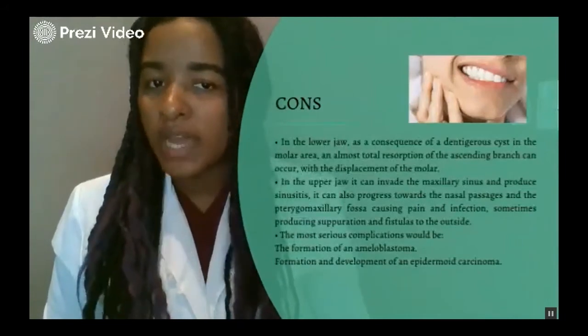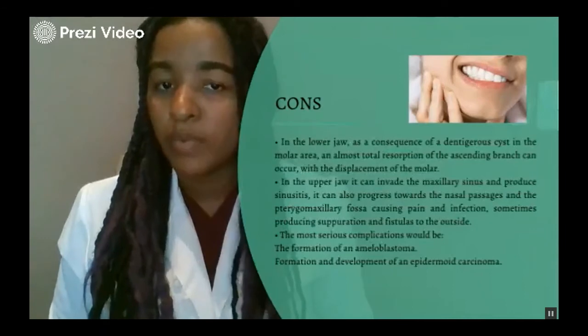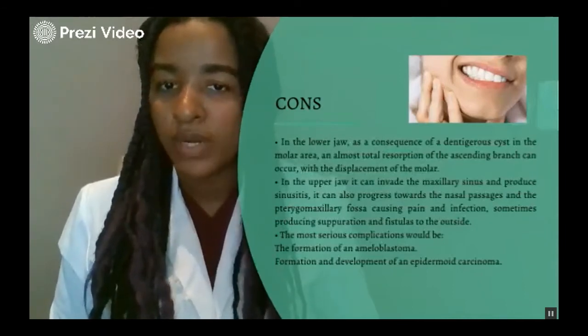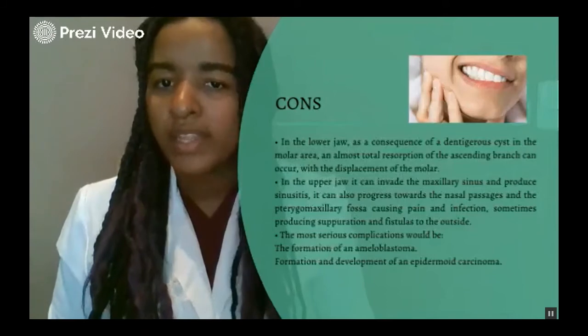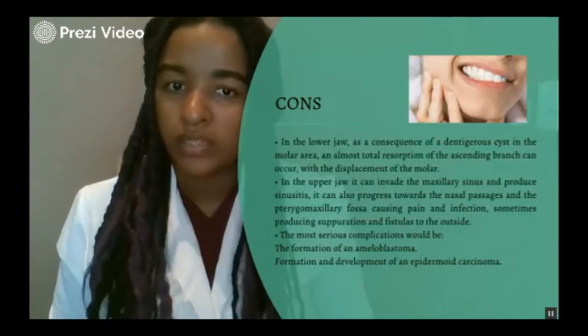Cons. In the lower jaw, as a consequence of adventitious cysts in the molar area, almost total resorption of the ascending branch can occur with the displacement of the molar. In the upper jaw, it can invade the maxillary sinus and produce sinusitis.